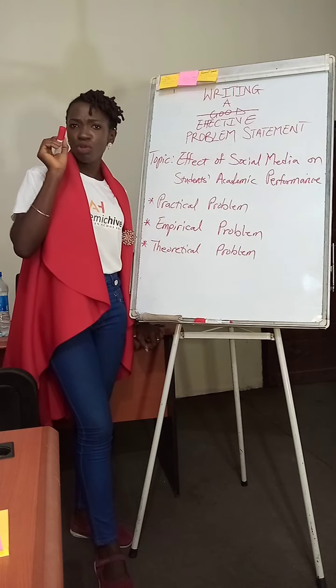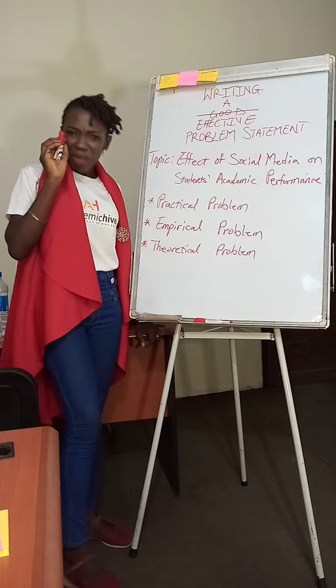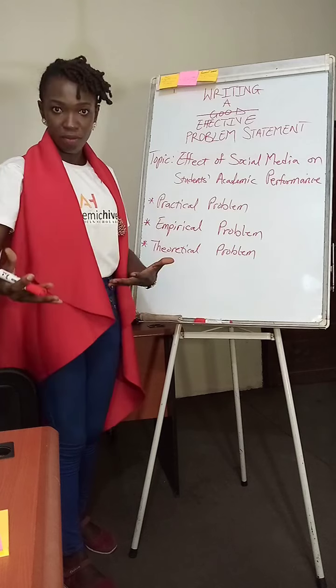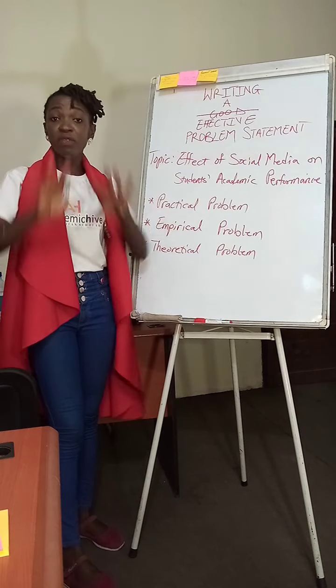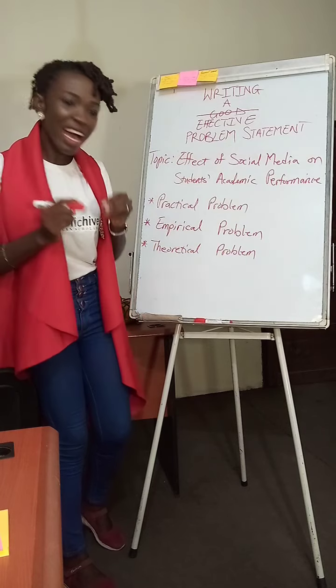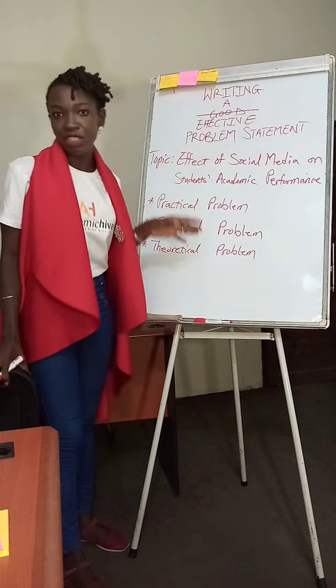You should always consider what to write for your theoretical problem. Always mention maybe one or two theories that you can use to explain your work, such that when you have concluded your research, you can use the findings to either ascertain that theory or refute that theory.